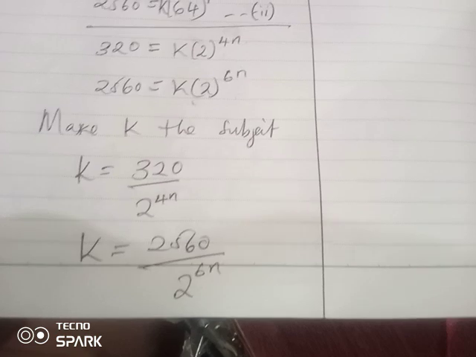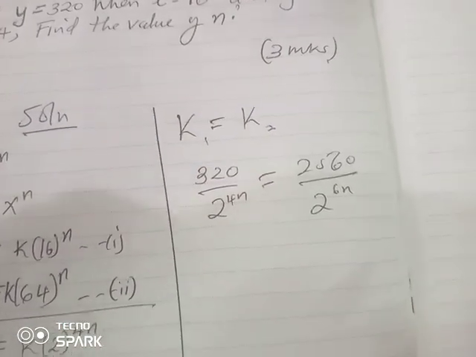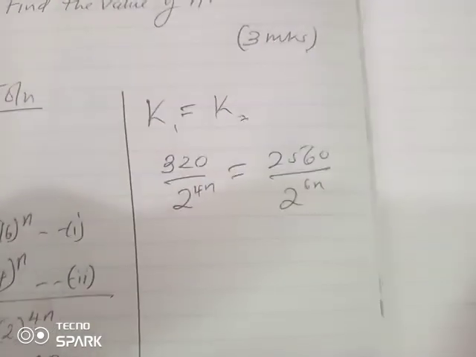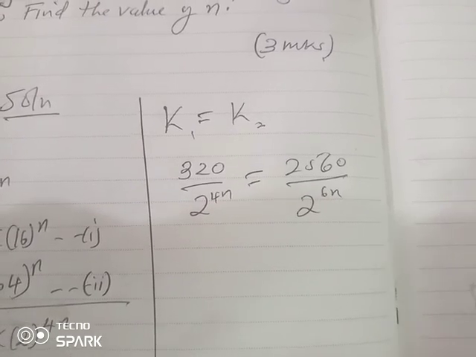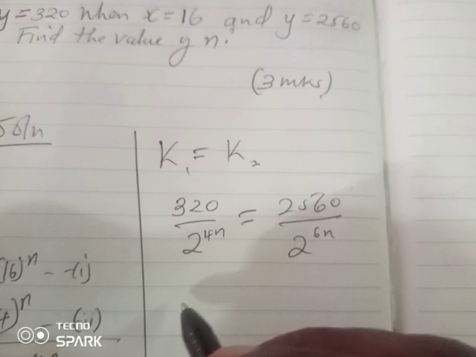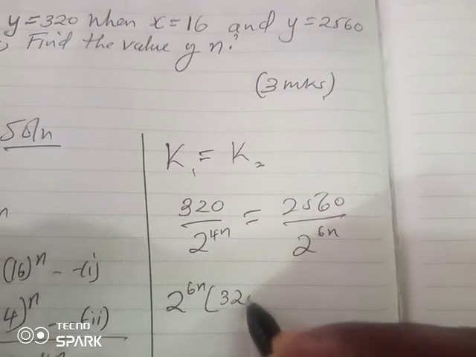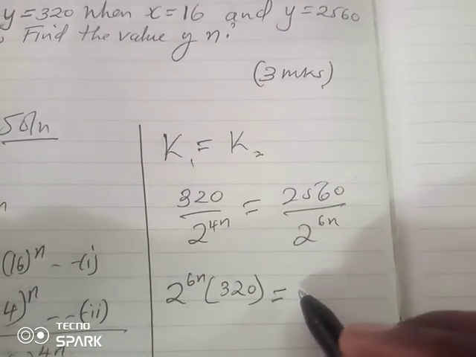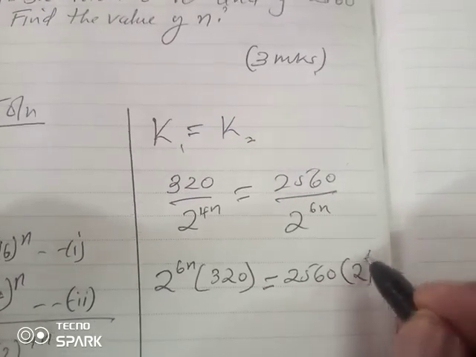There we have them. So coming over, let's pay attention and see what is going on. The question looks a bit tricky, but very easy. So I would want us to cross multiply so that we shall have 2 power 6n by 320, of course. Then on the other hand, we shall have 2560 times 2 power 4n.